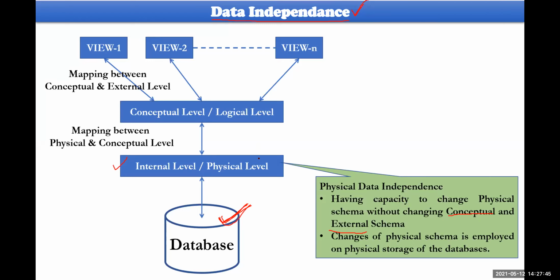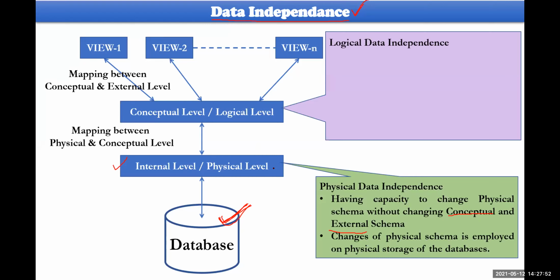And logical data independence will always take place at the conceptual level or logical level. So what exactly can be done? If there is any change happening at the logical level, it cannot affect the higher level, that is the external level. But whatever modification you have done here might be taken at this particular level. There is no problem. So when any modification is done at one level, the lowest level may take some effect, but the highest level cannot.